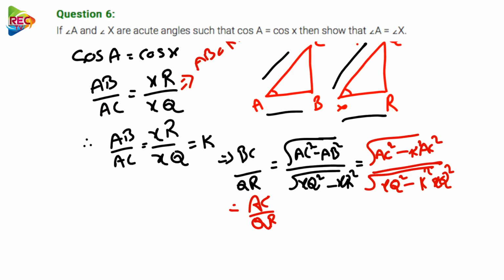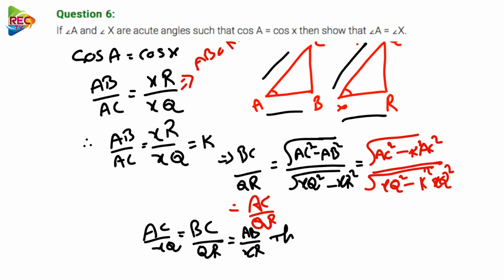Hence, AC by XQ equals BC by QR equals AB by XR.